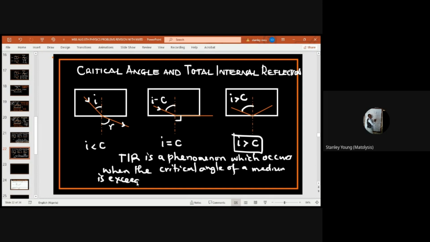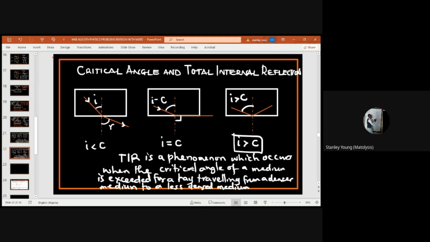You don't just stop there. You still need to put that the critical angle is exceeded for a ray traveling from a denser medium to a less dense medium. So you get the gist.